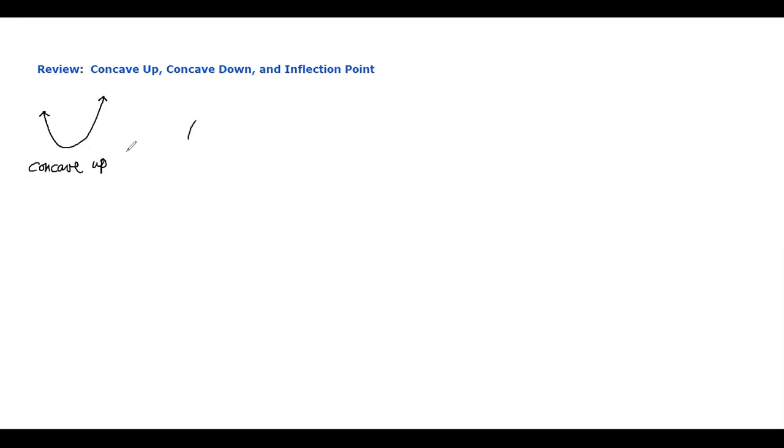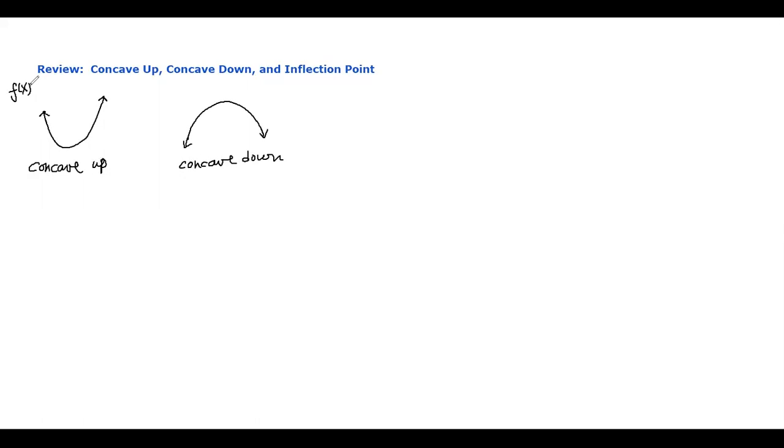And if you have a graph like this, opening downward, we call this concave down. So if they give you the f of x function, it's pretty easy to identify the concavity.